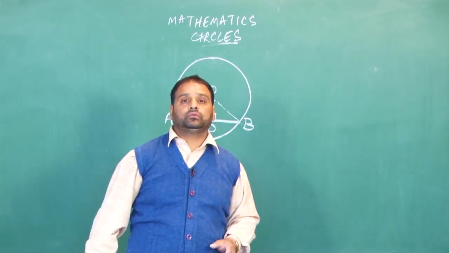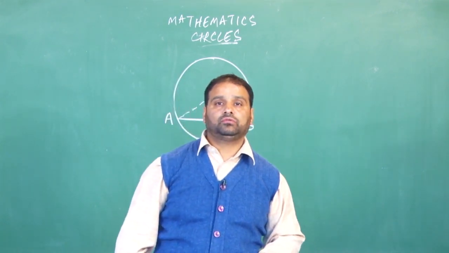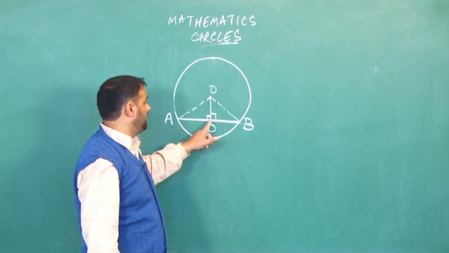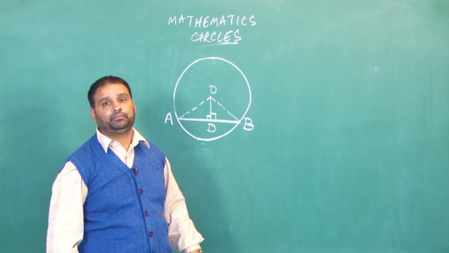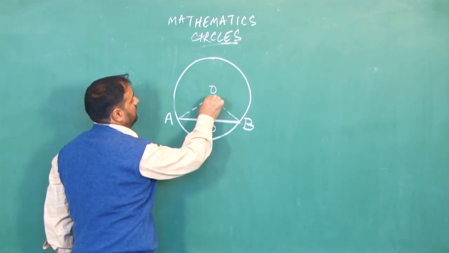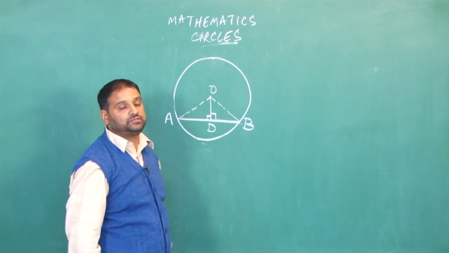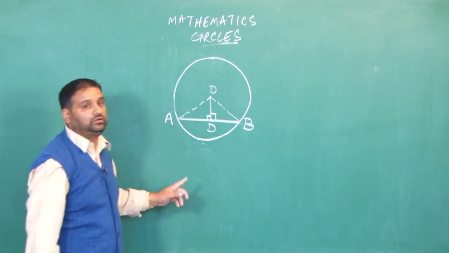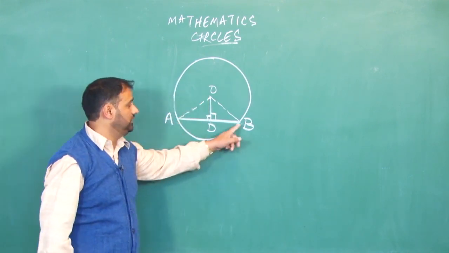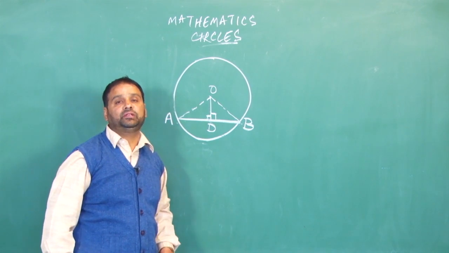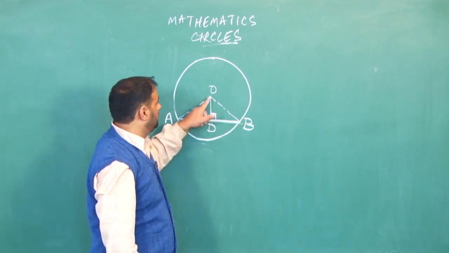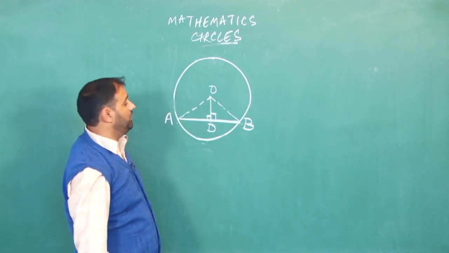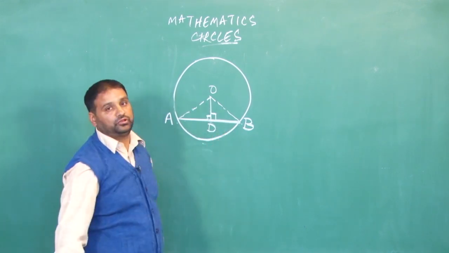We can also prove the converse of that theorem, which says that if we take any chord AB and take D as the midpoint of the chord, which is joined with the center, the line segment so formed is perpendicular to the chord. I repeat, there is the circle with center O and chord AB. D happens to be the midpoint of AB, and if a line segment is joined from the center of the circle to that midpoint, we have to prove that this line segment is perpendicular to the chord.